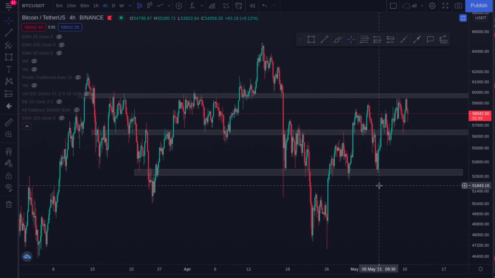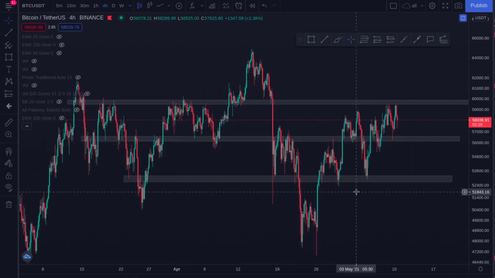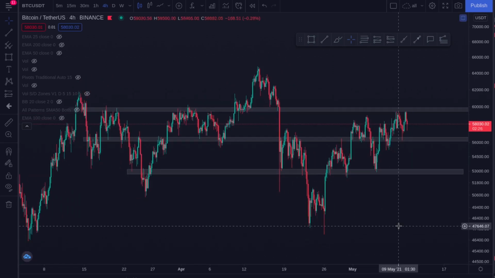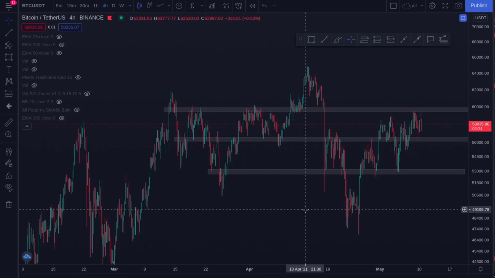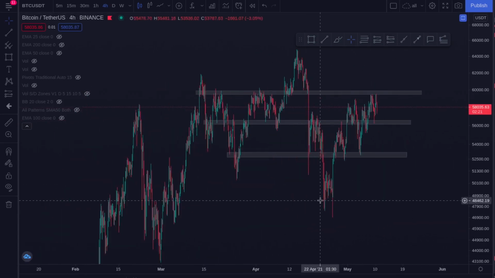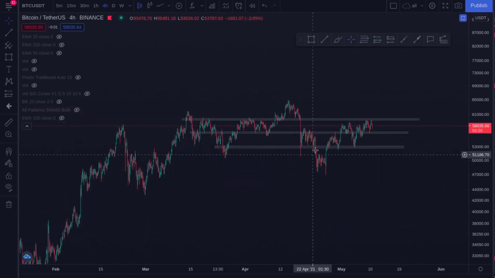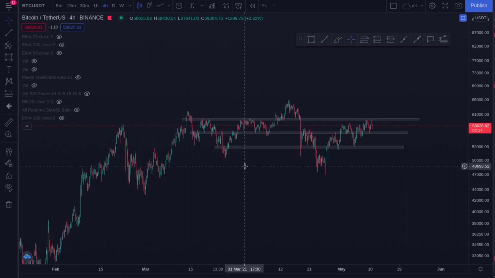So let's get started. First we have BTC USDT. As you can see, BTC has been ranging for quite a long time between support and resistance, mostly between the 50k and 60k range.